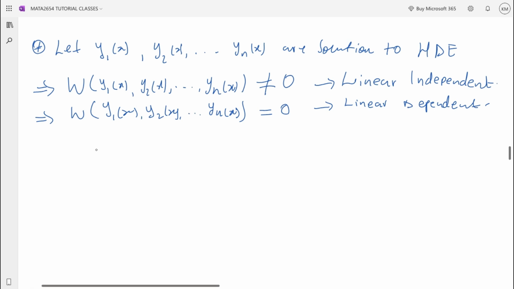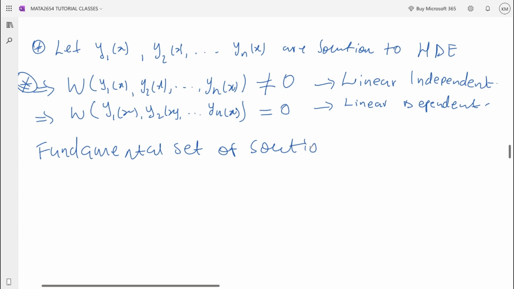Because what follows after this, especially this first one, is what we call a fundamental set of solutions. Why I'm saying this is important: if you have a set of solutions that is linearly independent, if we compute the Wronskian determinant and find it to be not equal to zero, it implies they are linearly independent.